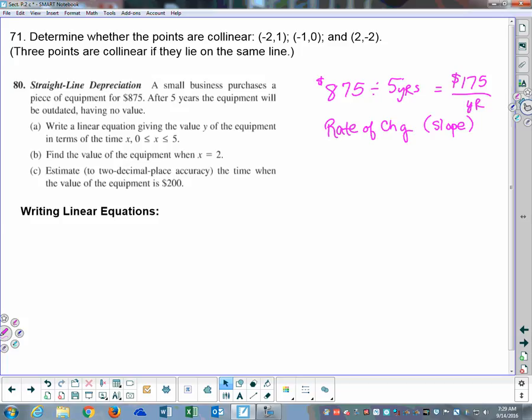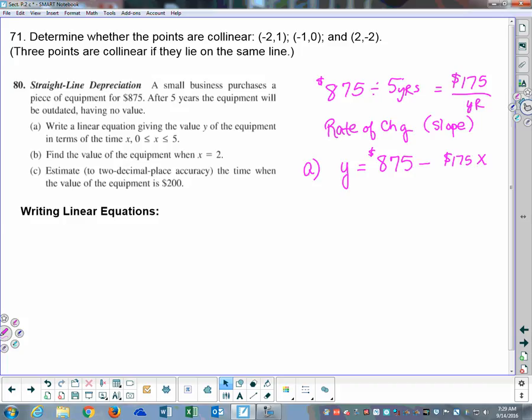All right, so question A says to write a linear equation giving the value y, so y equals, and then I need to take our initial value of the equipment and then subtract off $175 for every year that has passed.